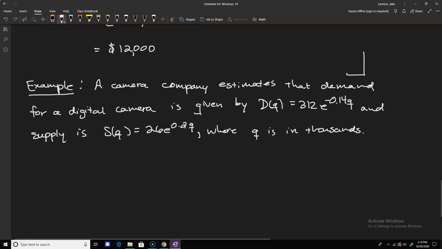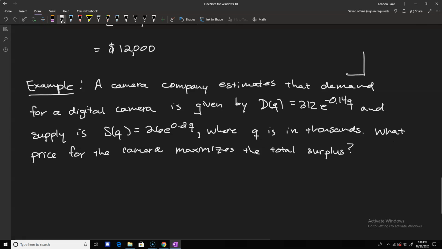So what price for the camera maximizes the total surplus? So that's going to be the equilibrium price. And in fact, what is the total surplus?